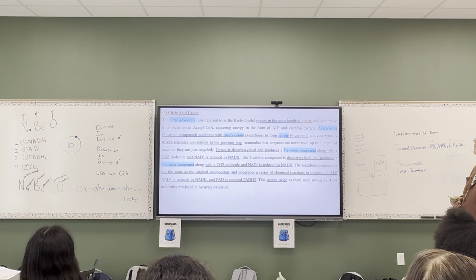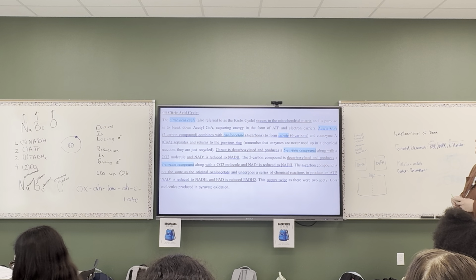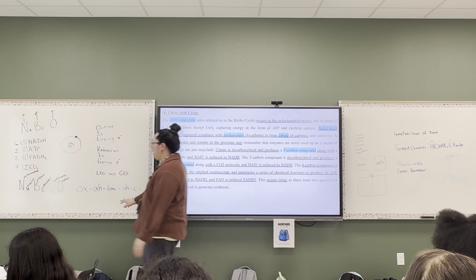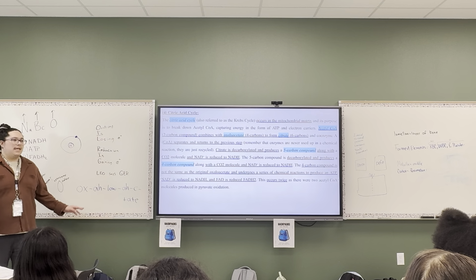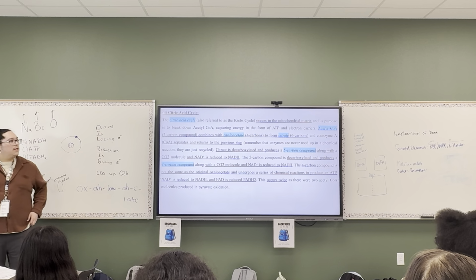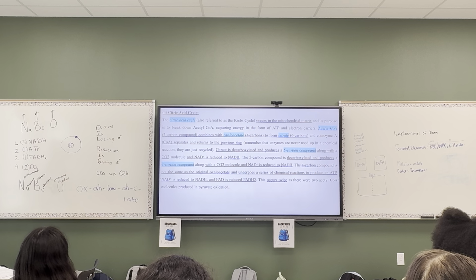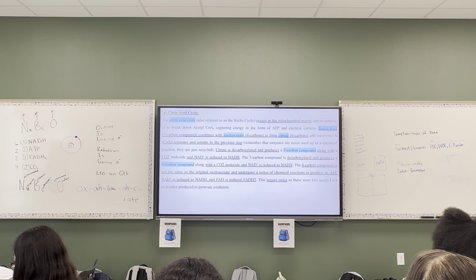Acetyl-CoA, a 2-carbon compound, combines with, so this one's a little bit harder, it's right here, oxaloacetate, 4 carbons, to form citrate, or 6 carbons, and coenzyme A, CoA, separates and returns to the previous step. Remember that enzymes are never used up in the chemical reaction, they're just recycled.